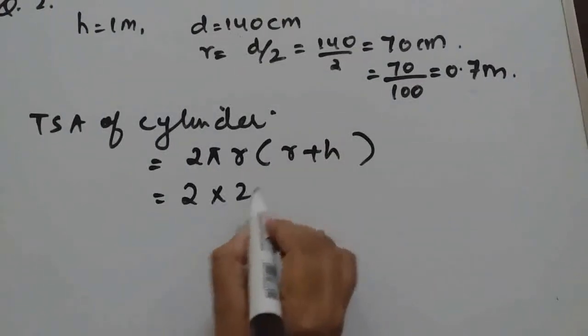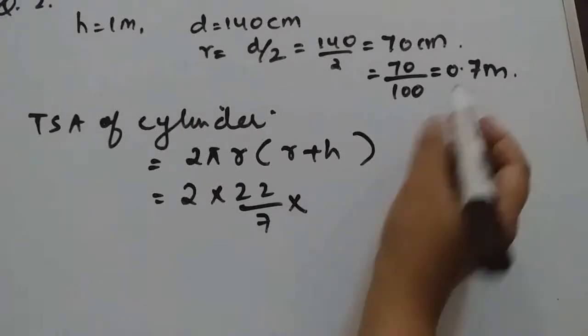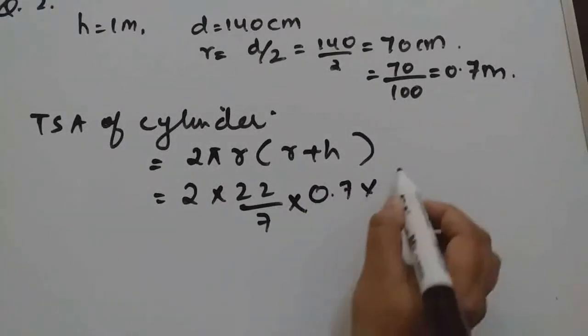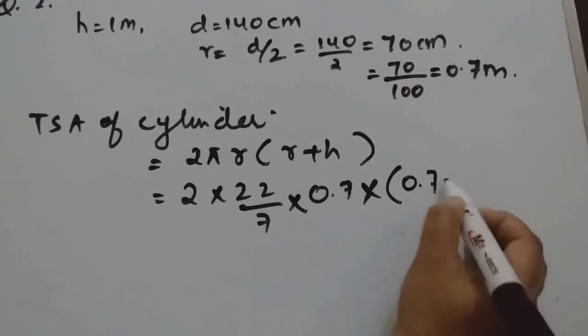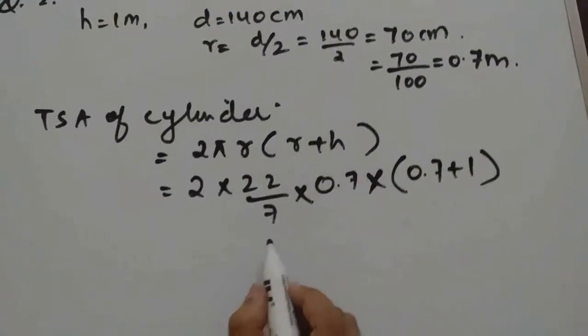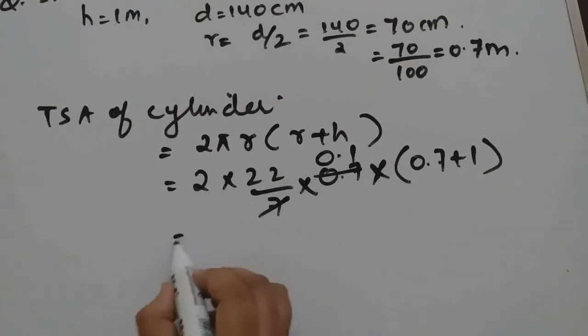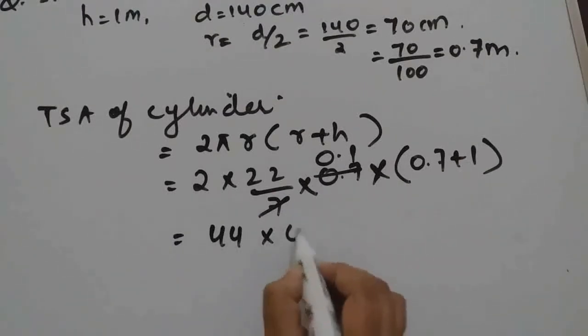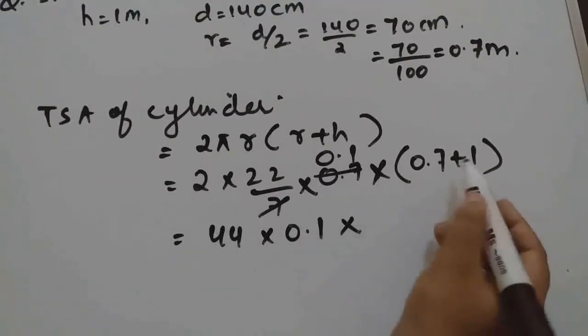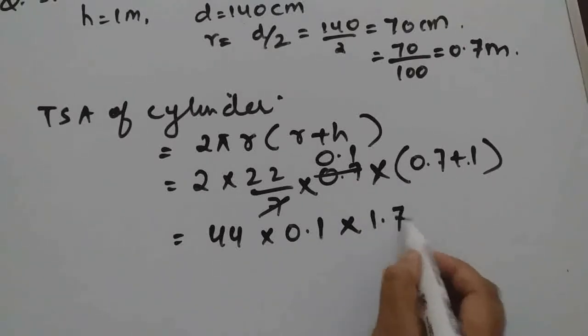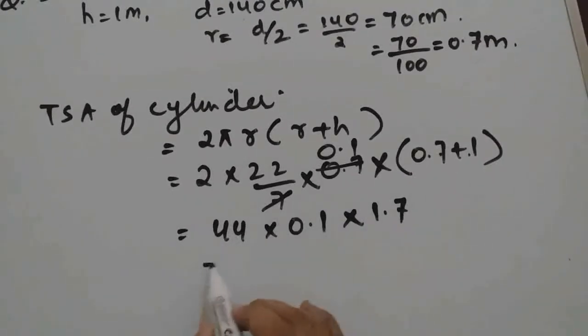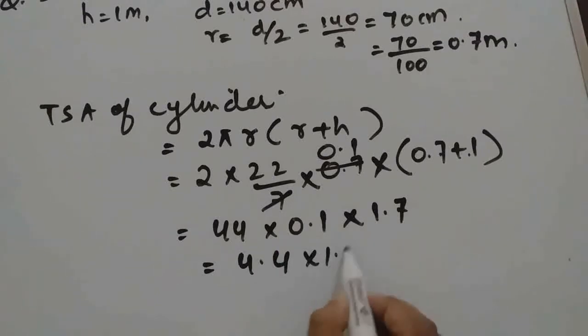So 2 into 22/7, r we got as 0.7, then r is 0.7 plus h is 1. See, this 0.1 will go, isn't it? So this will be 44 into 0.1, and 1 plus 0.7 means 1.7. This will be 4.4 into 1.7.